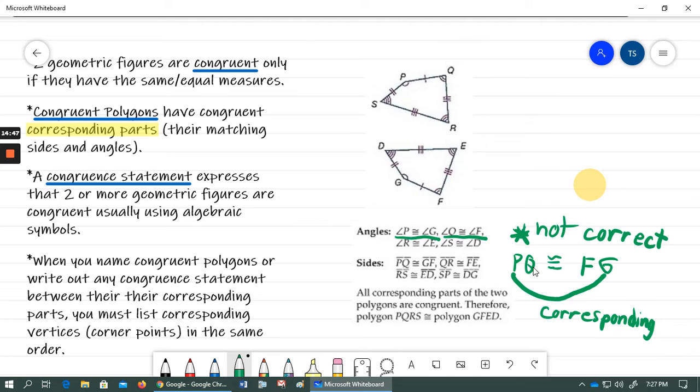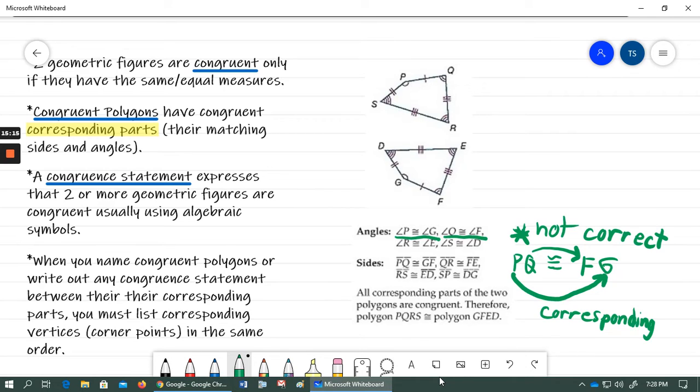So again, folks, you couldn't write this in the order of FG. Not if the first one was written as PQ. Okay. So again, this right here would not be correct because P corresponds with G, and Q corresponds with F. All right.